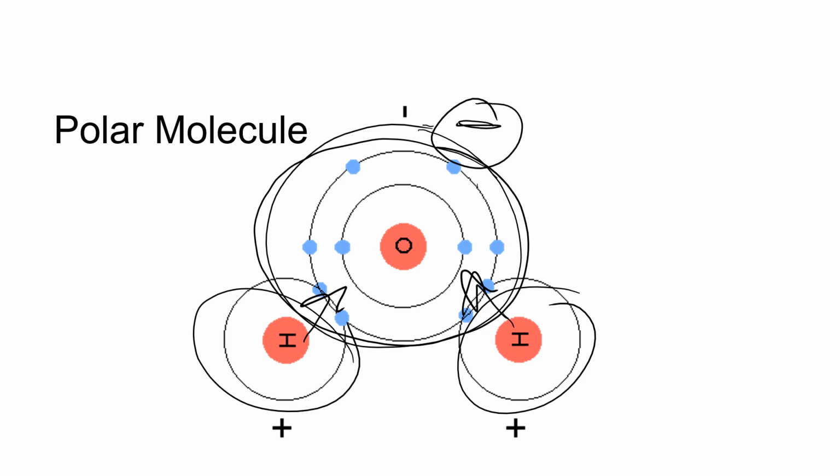Again, the electrons are unevenly distributed towards the oxygen side of the molecule because the oxygen atom is more electronegative than the hydrogen atoms and pulls the electrons towards it. And this uneven distribution of electrons, which are negatively charged, near the oxygen atom makes the oxygen side of the water molecule negative compared to the hydrogen side, which has a slight positive charge, where there would be, to a degree, a greater distribution of protons.